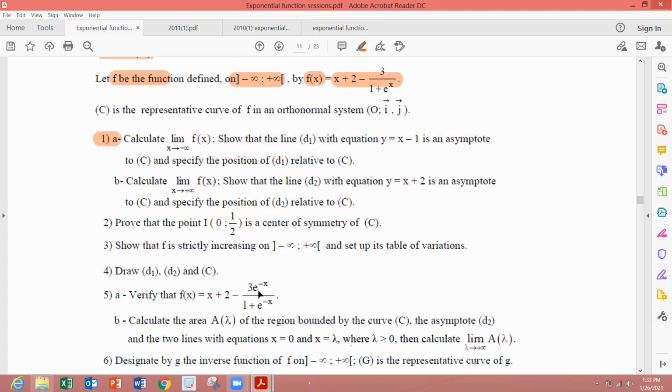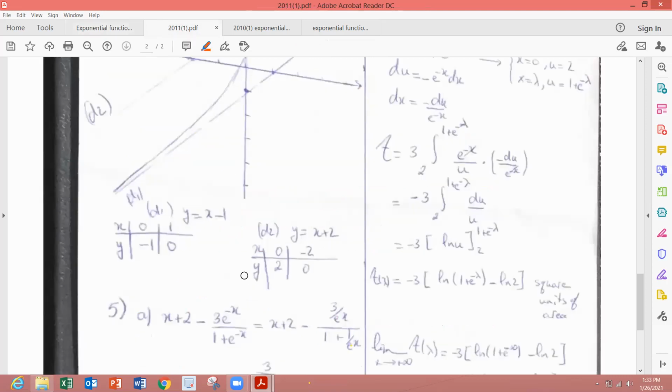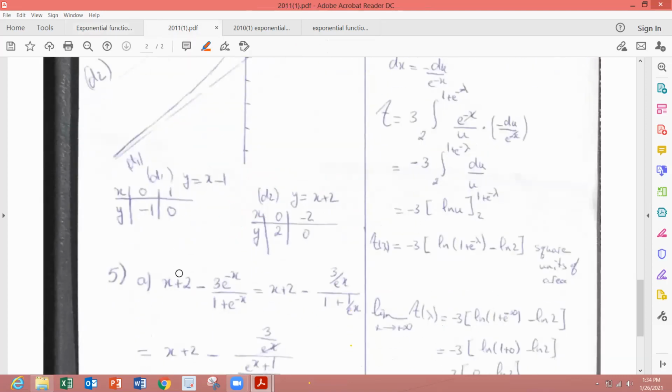You can bring e to the minus x down. Okay, I will bring e to the minus x down. I will take this part: x plus 2 minus 3e to the minus x over 1 plus e to the minus x.